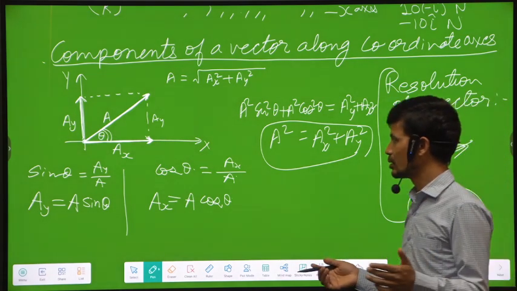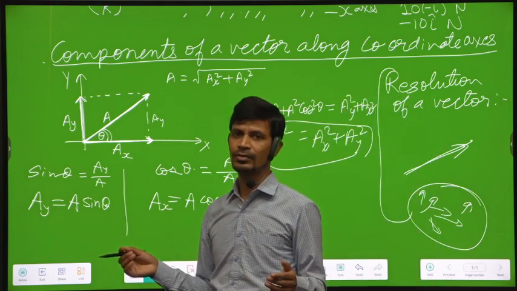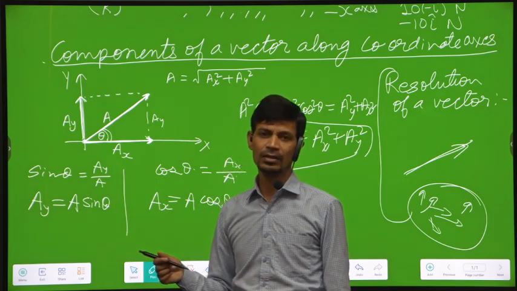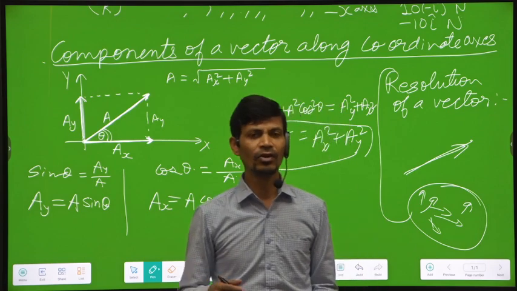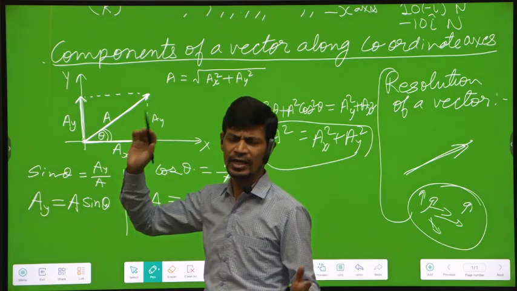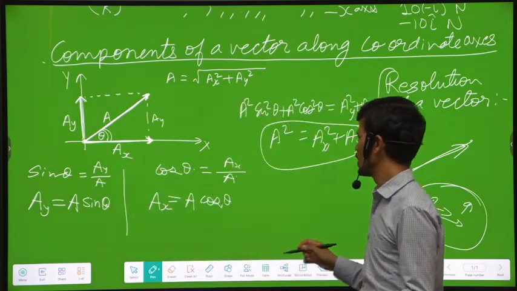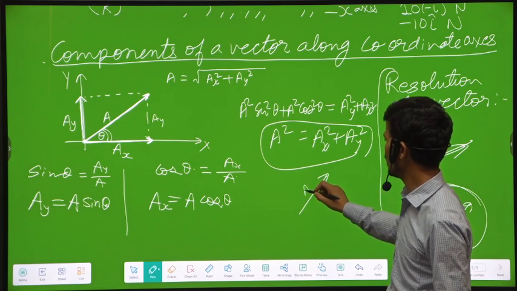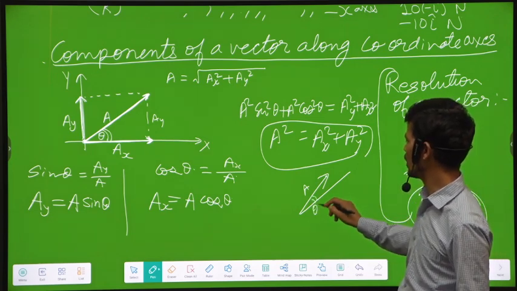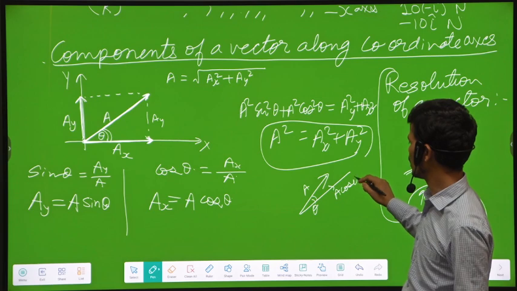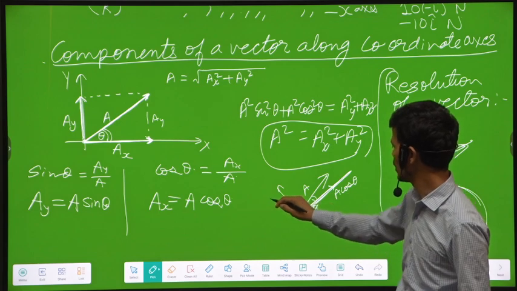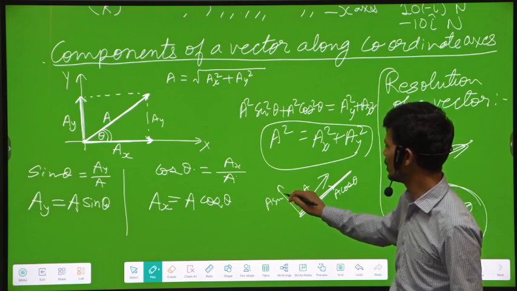But mostly in mathematical operations, in physics, generally we resolve a vector along a rectangular set of coordinates. It is not bounded to this x and y axis only. It can be like this, that this is a vector A and I have chosen a direction, an axis this way, this is theta, so this is a cos theta, and another axis which is perpendicular to this chosen axis, along this it will be a sine theta.